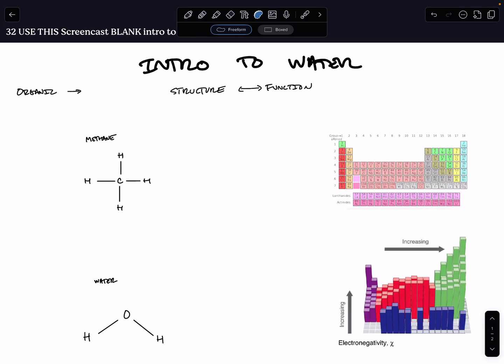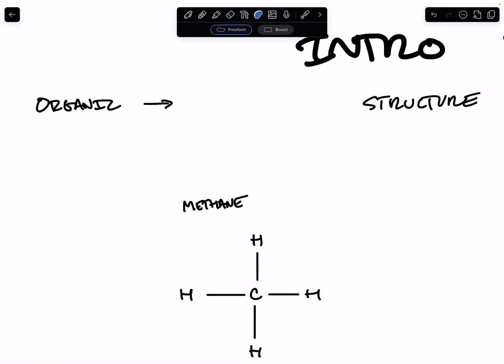molecules. Okay, so let's review the biological definition of organic.